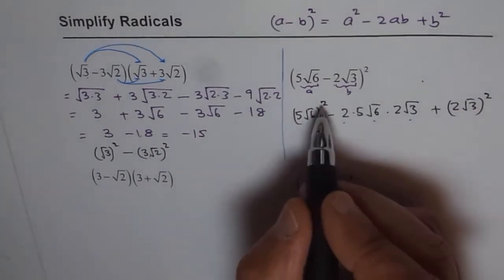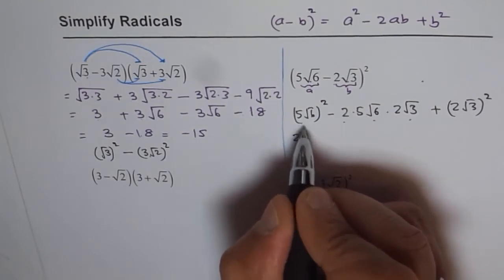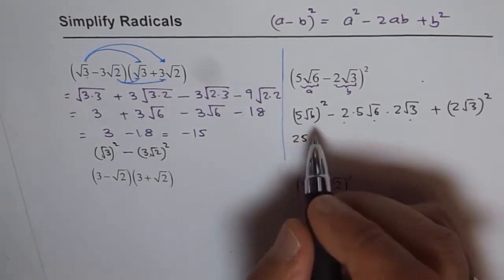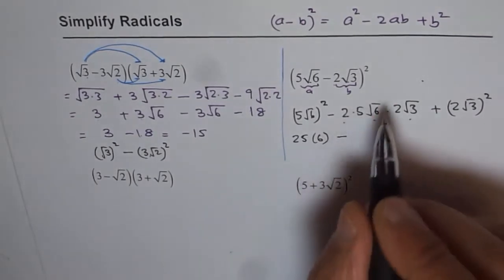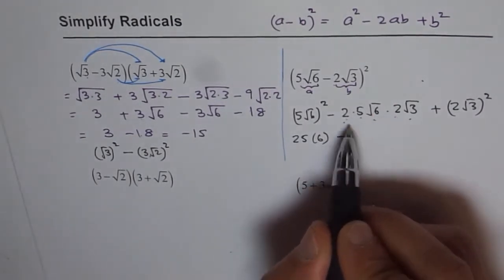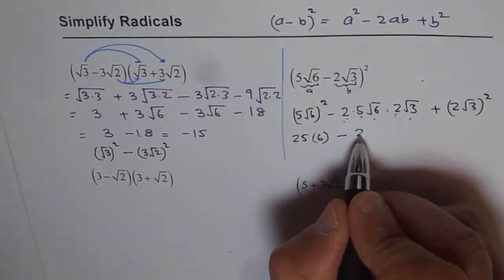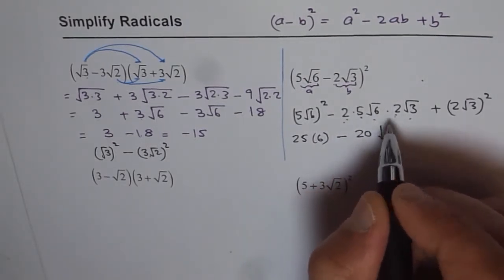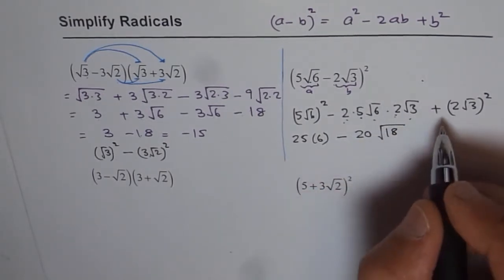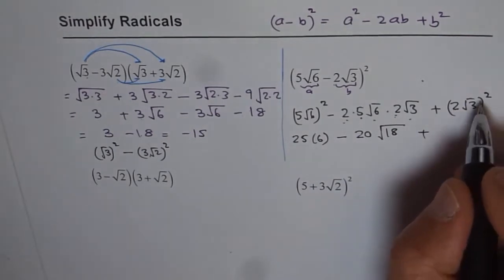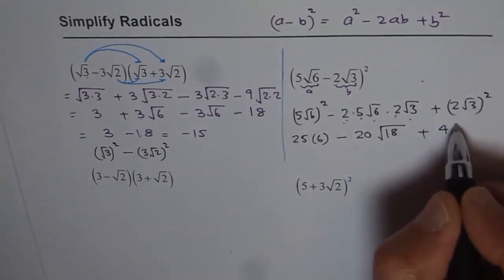Now when you square the first term, you get 5 square as 25 times square root 6 square, which is 6. So we get 25 times 6, minus, multiply these terms: 2 times 5 is 10, 10 times 2 is 20. So we get 20, and within the square root you get 18, 6 times 3. Now here, when you square it, you get 2 square, which is 4, and square root 3 square, which is 3.